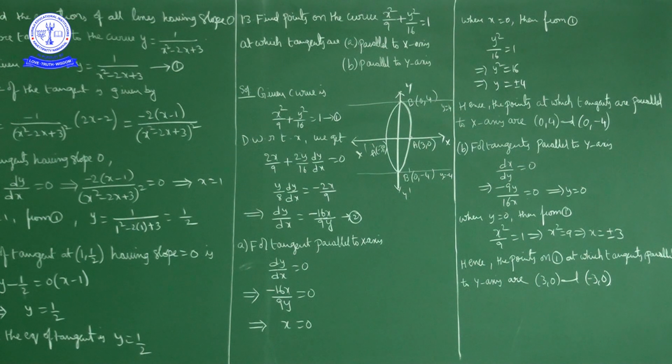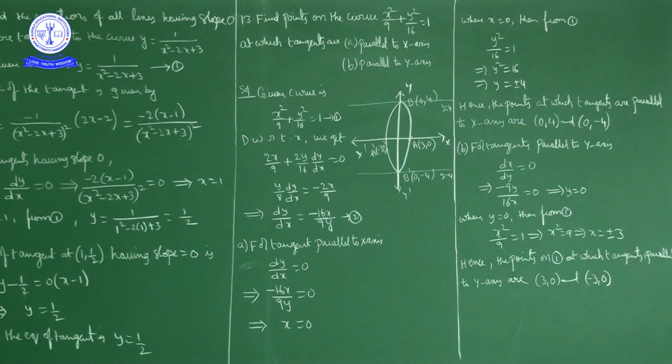Points on the curve at which tangents are parallel to y-axis are (3, 0) and (minus 3, 0). So, at A (3, 0) you can draw one tangent parallel to y-axis, at A dash (minus 3, 0) you can draw one tangent parallel to y-axis. So, what are those tangent equations? x equal to 3 and x equal to minus 3.